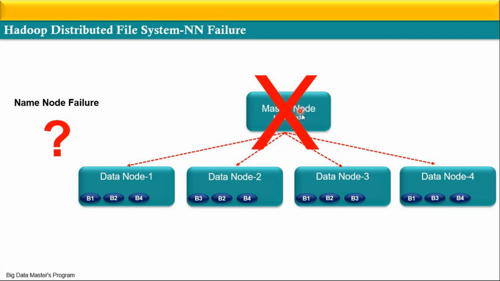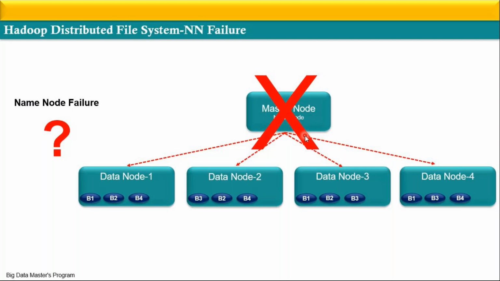So if the master node is failing, then definitely metadata will be lost. It is like we want to deliver a package, but we are not having the address of that particular location. So that is a serious concern if the metadata is lost.